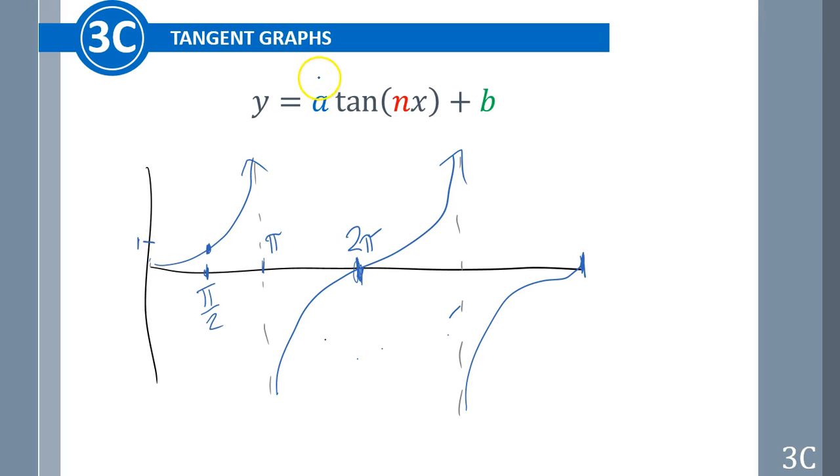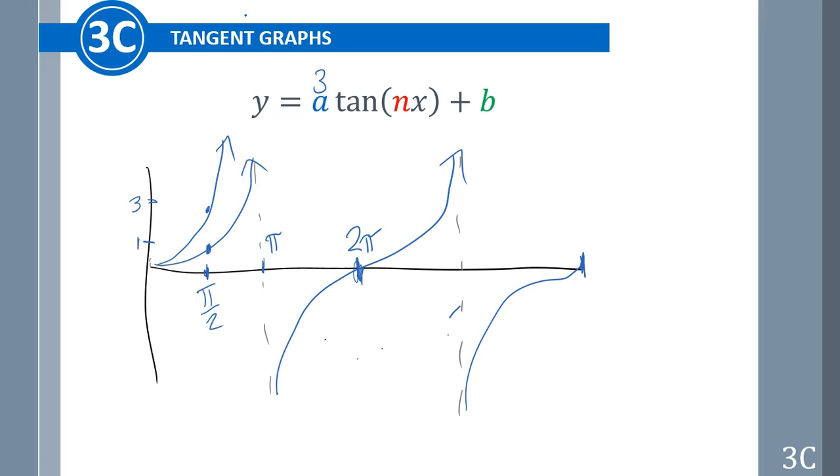If we had, say, a 3 here, 3 tan of nx, at pi on 2 it would be 3, and this would be a lot steeper. That kind of tilts it and makes it a bit steeper. It doesn't make it closer together. It will still go over to the asymptote, it will just take longer to get there because it's a bit pointier.